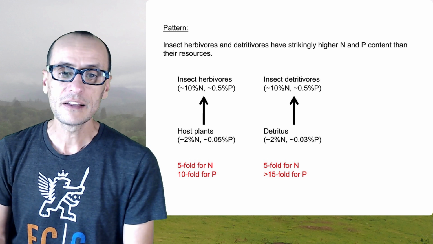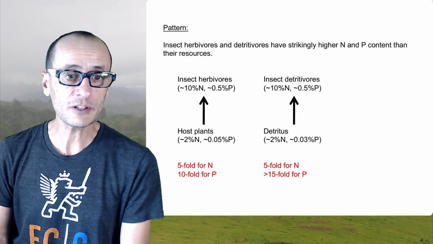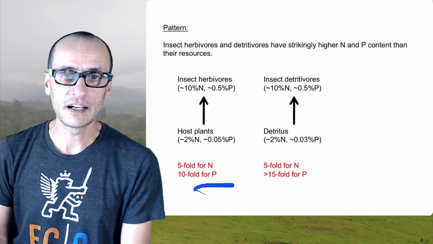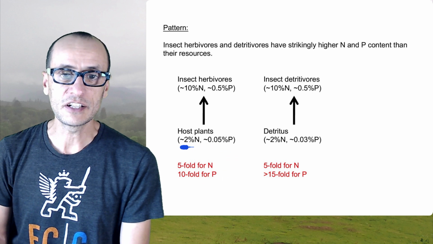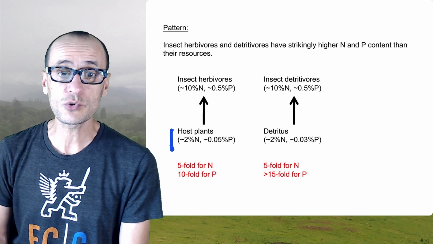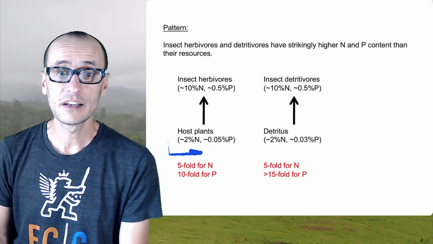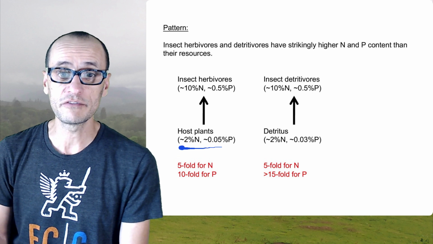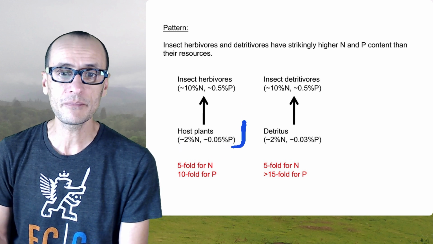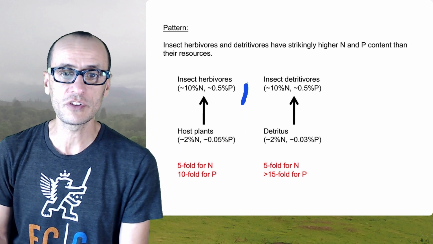So this is again the pattern that I showed earlier that highlights the differences between the resource of most insects, plants, what the concentration of nitrogen and phosphorus is in them, and what the concentration of those elements is for herbivores.